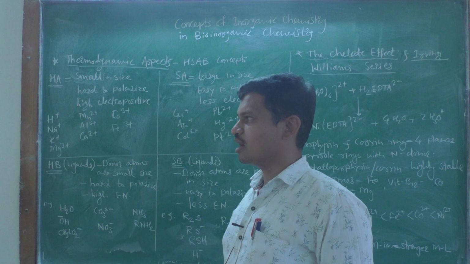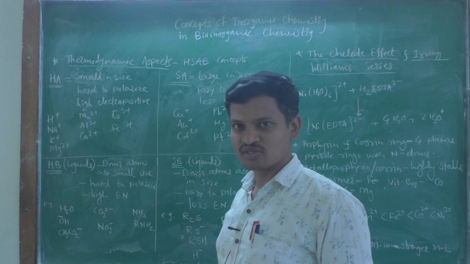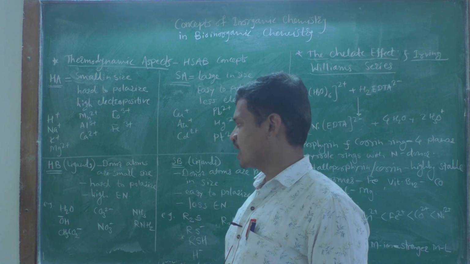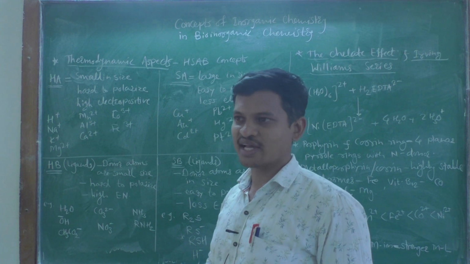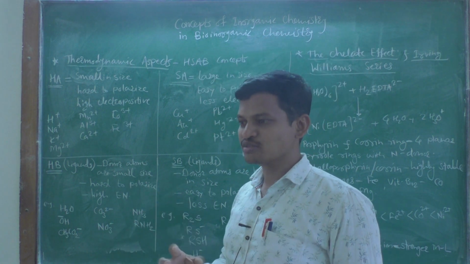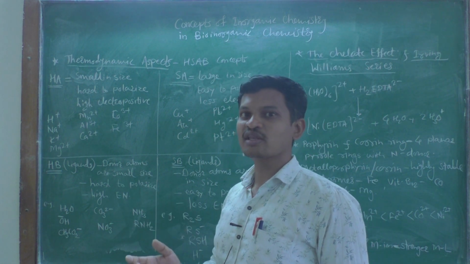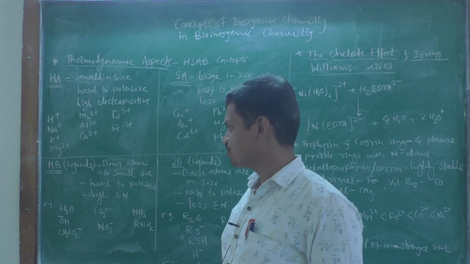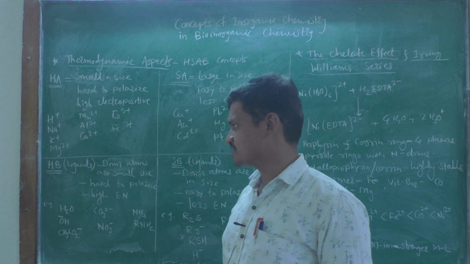Then nucleic acid residues such as DNA, RNA, their side chains, and organic cofactors, these are the examples of donor atom sources in biological molecules or biomolecules, and they act as ligands.